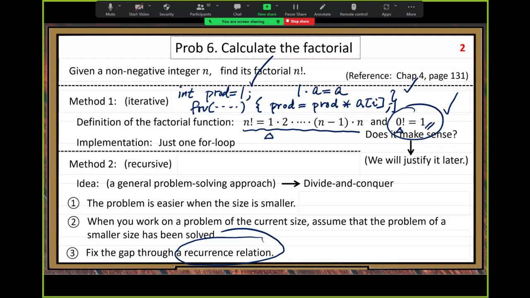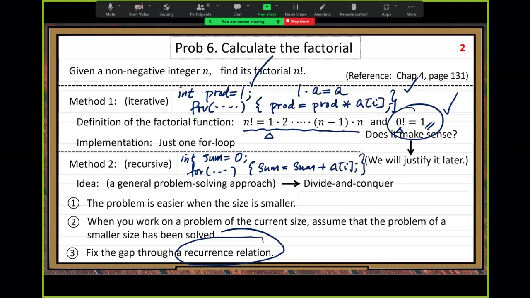Based on this understanding, a similar thing happens when we do summation. We use the variable sum, but our initial value is 0, right? And in our for loop, every time we do sum equals sum plus a of i.